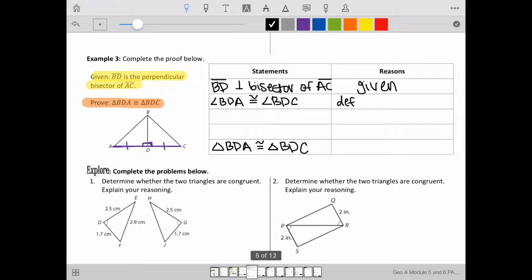And we know this because of the definition of perpendicular bisector. We also know that because it's cutting the bottom part of the triangle perfectly in half, AD needs to be congruent to DC. And again, that's because of the definition of perpendicular bisector.